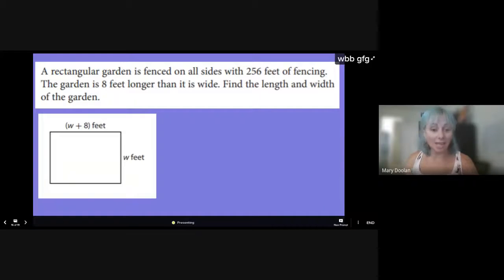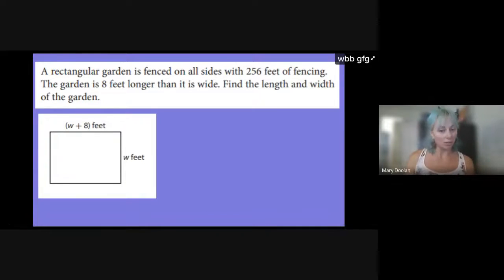We have a rectangle because it's a rectangular garden. That's going to represent the garden. And there's fence on all four sides. So what I do know about the length and the width is that they have a relationship together. Whatever the width is, the length has to be 8 feet more than it.